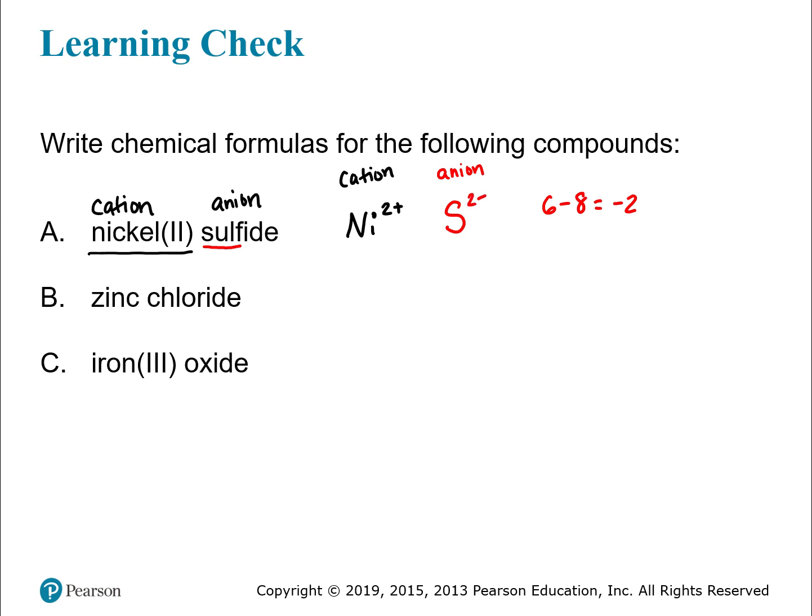If I were to have one of the nickel ions and one of the sulfide ions, my overall charge would be 0. That means that my chemical formula will have 1 nickel and 1 sulfur. And I'm done.